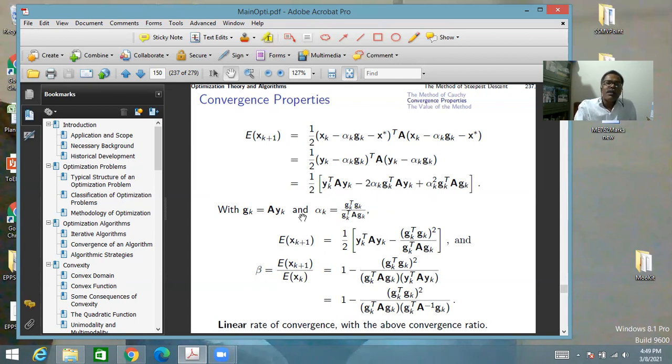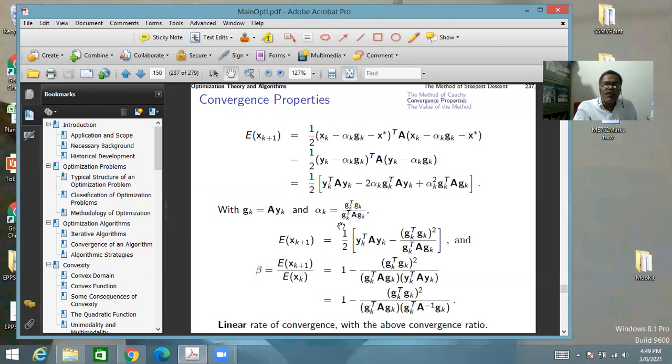And now use these two equations which we just now developed. gk is A yk. Here it will become gk. And so this whole thing will become gk transpose gk multiplied with twice alpha k. Alpha k supplies another gk transpose gk. So gk transpose gk whole square divided by this. That is actually this. Twice minus 2 here.